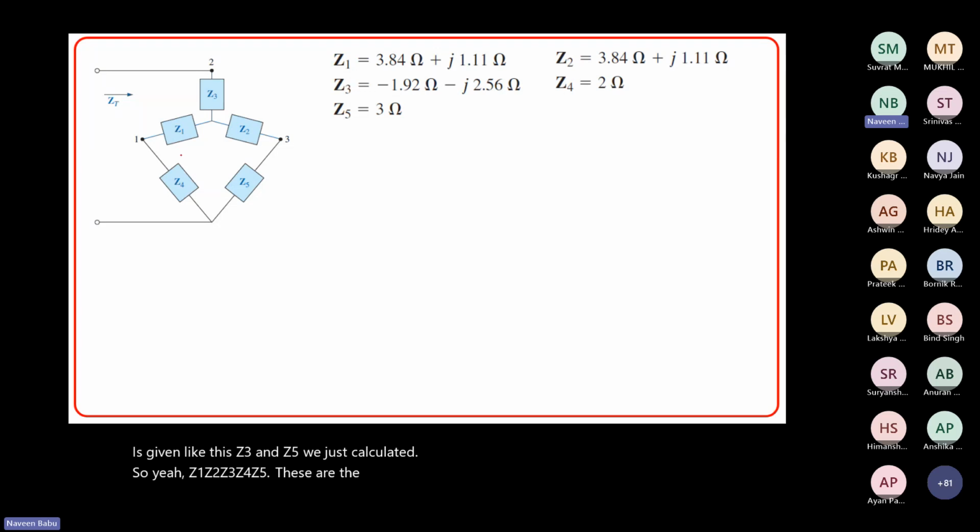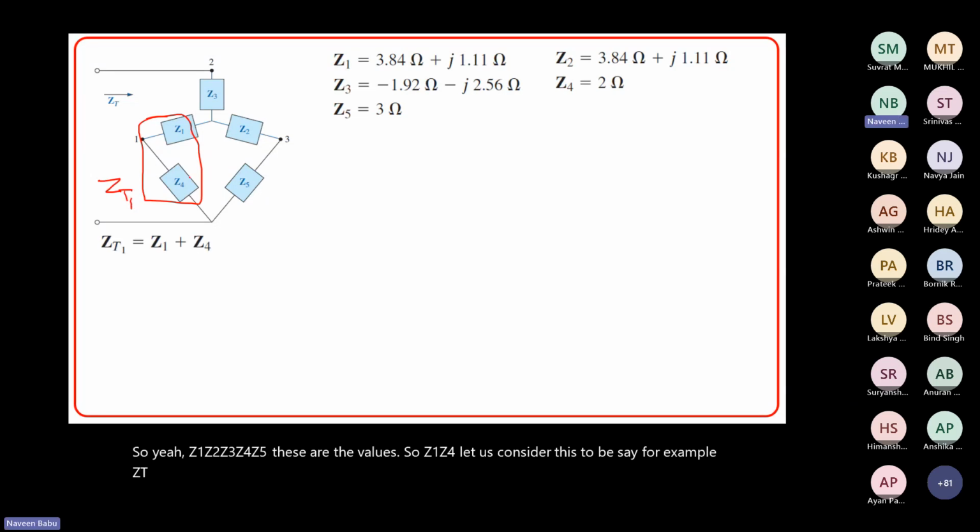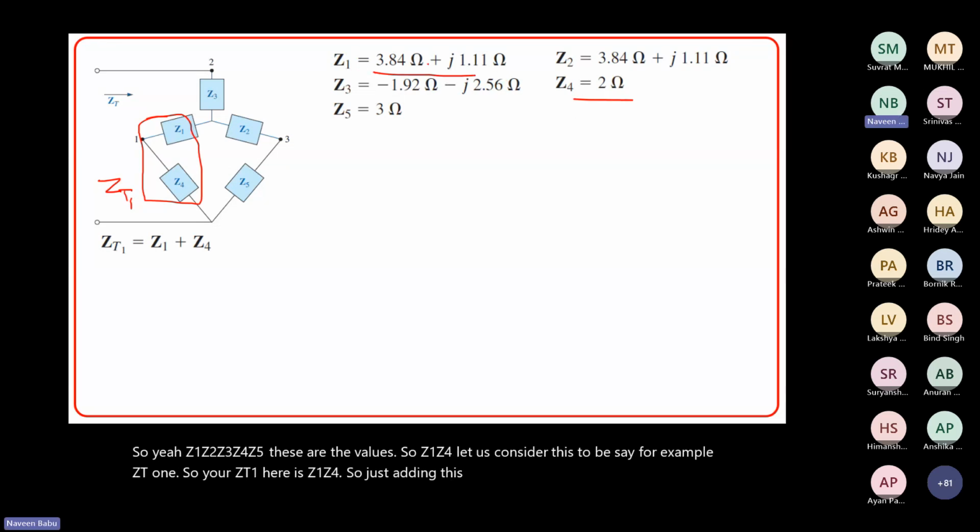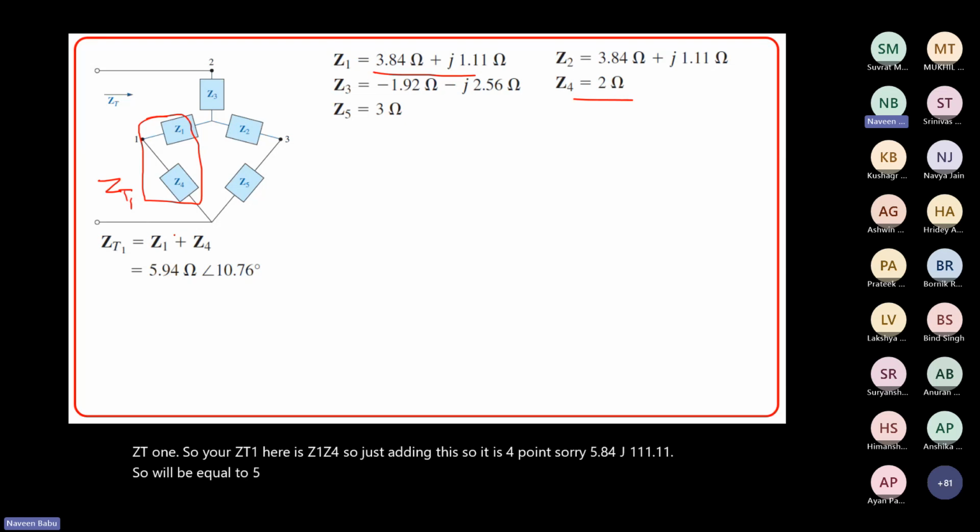So Z1 and Z4, let us consider this to be, for example, ZT1. Your ZT1 is Z1 plus Z4, just adding this plus this. So it is 5.84 plus J 1.11, which is equal to 5.94 angle 10.76.